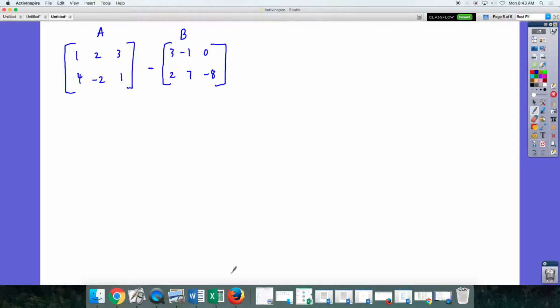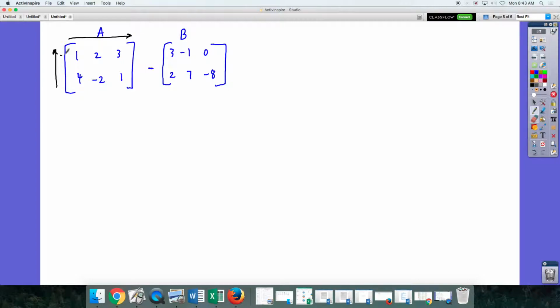That's going to be to subtract, denoted by that subtraction sign. All right, what is the first thing we have to do? We've got to check our dimensions, okay? So remember, to me, the easiest way: count.